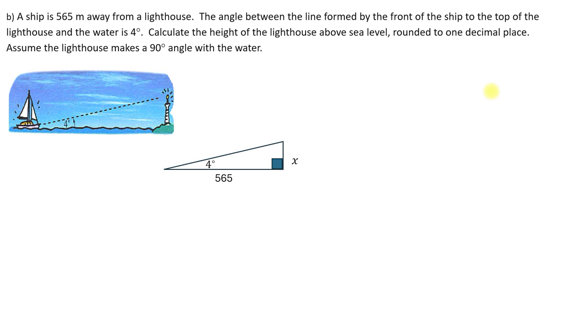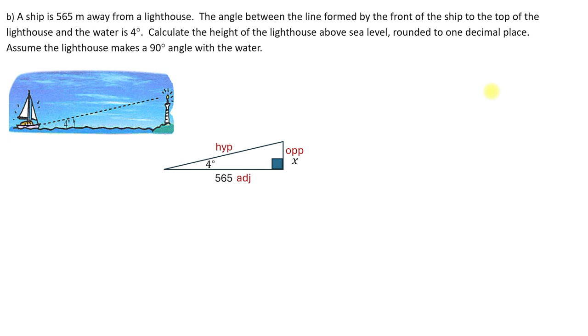So, redrawing that scenario as a triangle, there's our 4-degree angle, there's our distance of 565, and the x value which represents the height of the lighthouse. So, relative to the 4-degree reference angle, we can label our triangle.